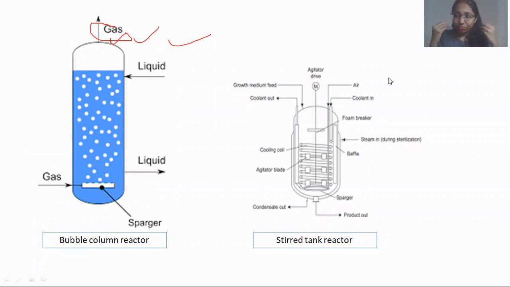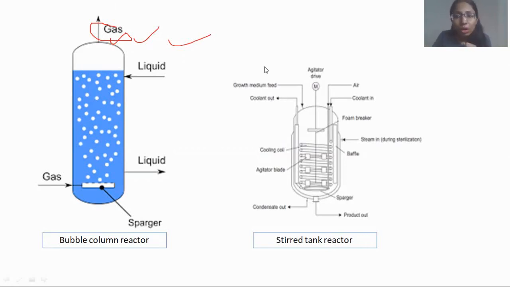The microorganisms which are very sensitive experience shear forces, because of which product formation is inhibited, since in a way it inhibits the growth of the microorganisms, which in turn inhibits the final product formation. So you don't require that excessive shear force caused by the impellers and the different impeller speeds that we have used.